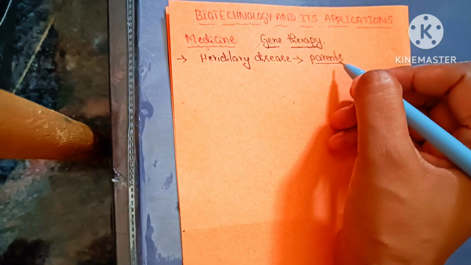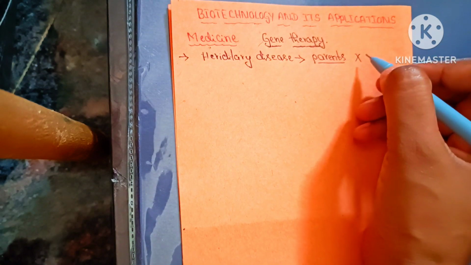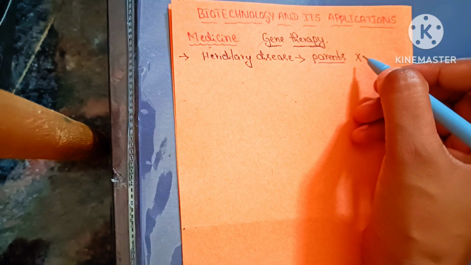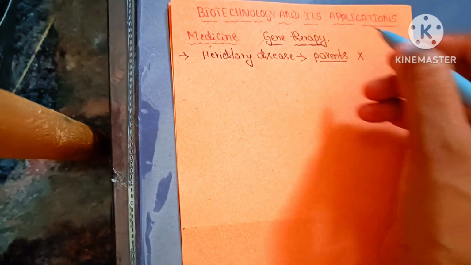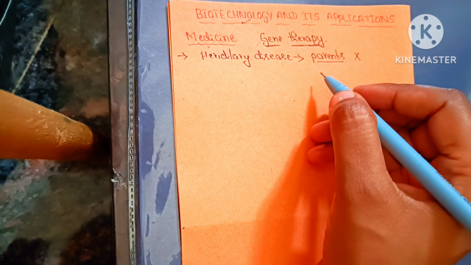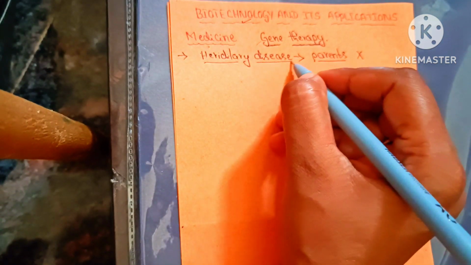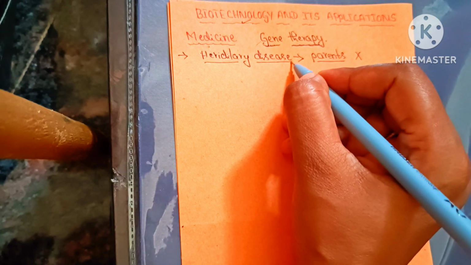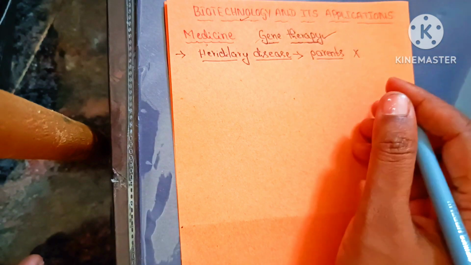One will think that these diseases cannot be treated, but with the advancement of science and technology, particularly biotechnological processes, it is possible to treat these hereditary diseases in an effective way, and one such approach is gene therapy.